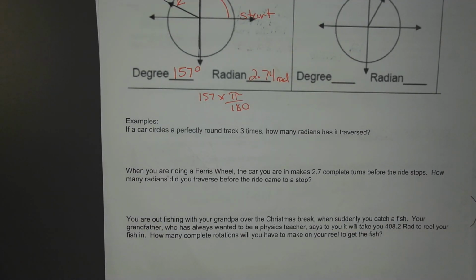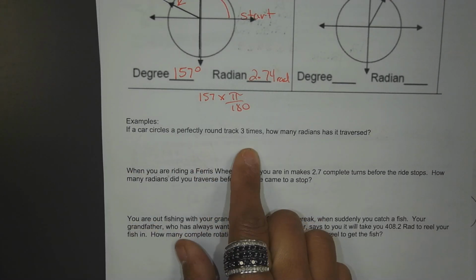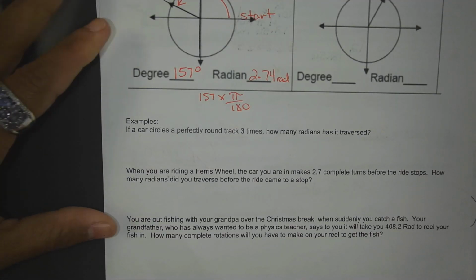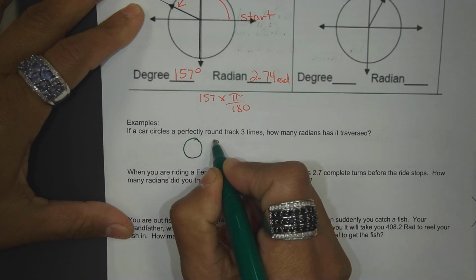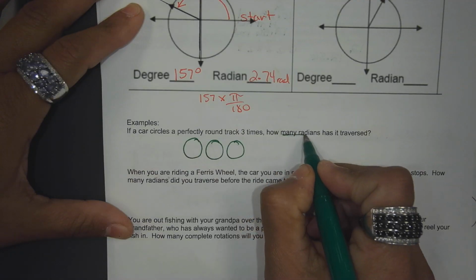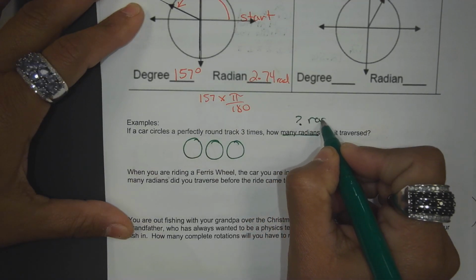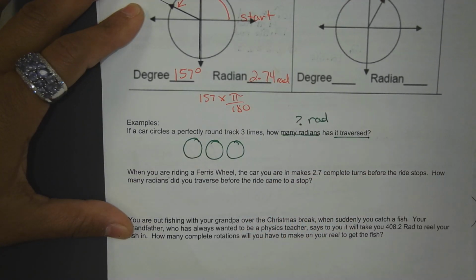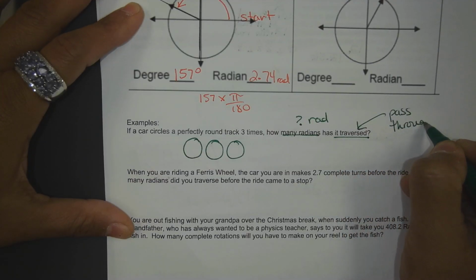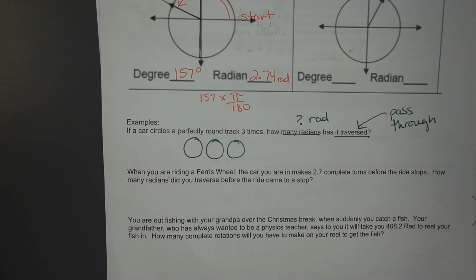Question number 1 talks about a car that rotates in a perfect circle around a track 3 times. Again, don't get mad at me, but no joke, I'm a visual person. So 1 time, 2 times, 3 times. How many radians, or rads, did it transverse? The word transverse means pass through. How many rads did it pass through?